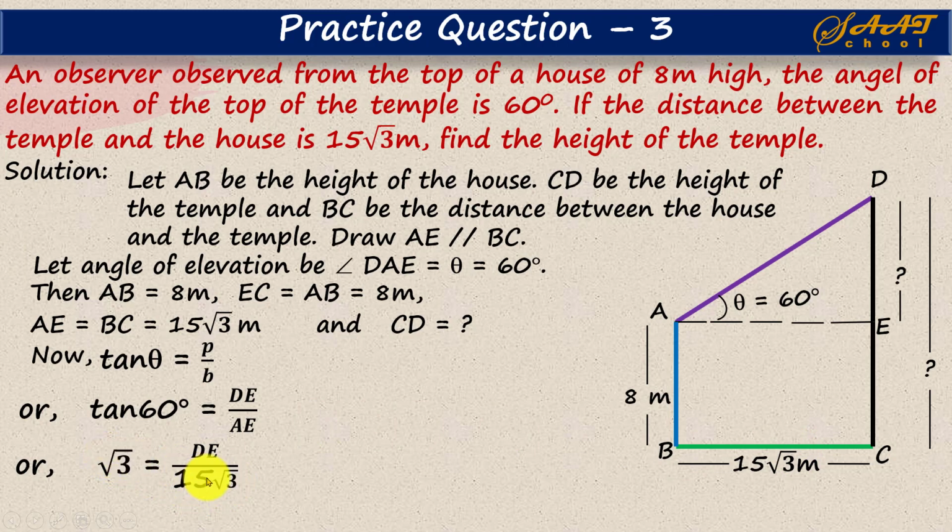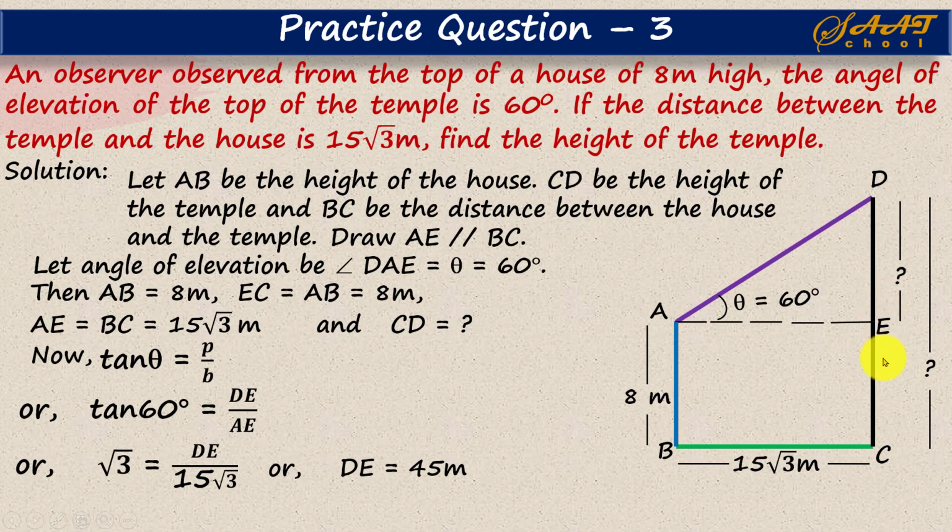Now you can cross multiply these two. On cross multiplication, this DE will be equal to 45. So if you cross multiply, square root of 3 and square root of 3 will be 3, and 15 times 3 is 45. Now here the value of DE is 45.